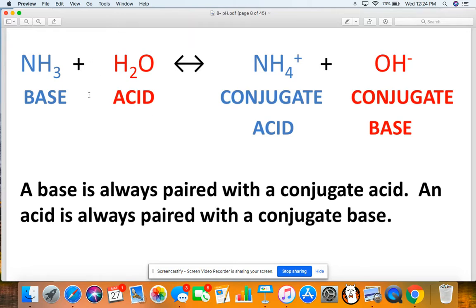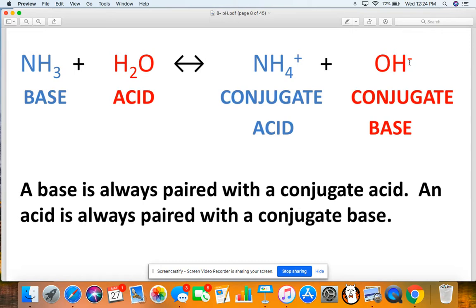Again, let's focus on H2O. H2O was an acid, so on the opposite side, it's going to be a conjugate base. H2O on this side was an acid. That means OH on this side is going to be a conjugate base. The reason is that if we read this reaction in reverse, if we read OH changing into H2O, let's think about how they're different.